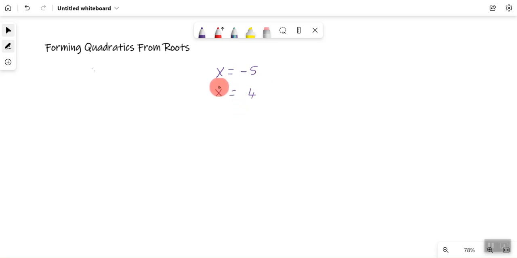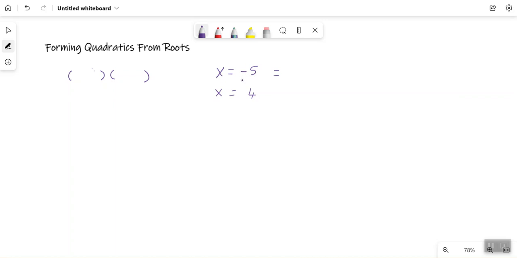So if one of the roots is equal to minus 5, then what we're trying to find out is what are the two factors that we have to multiply by each other in order to get the quadratic. So if one of the roots is x equals minus 5, then one of the factors is going to be, we just bring this back over onto this side.